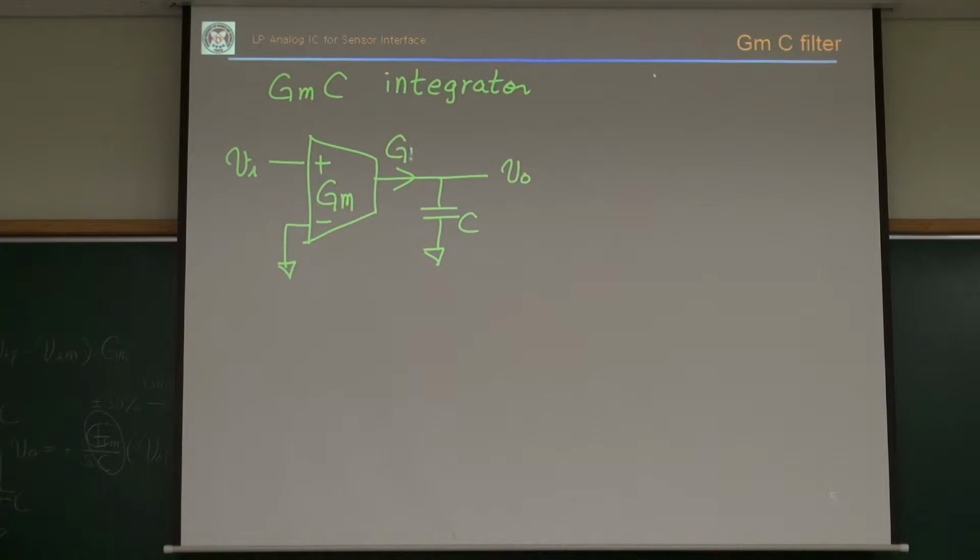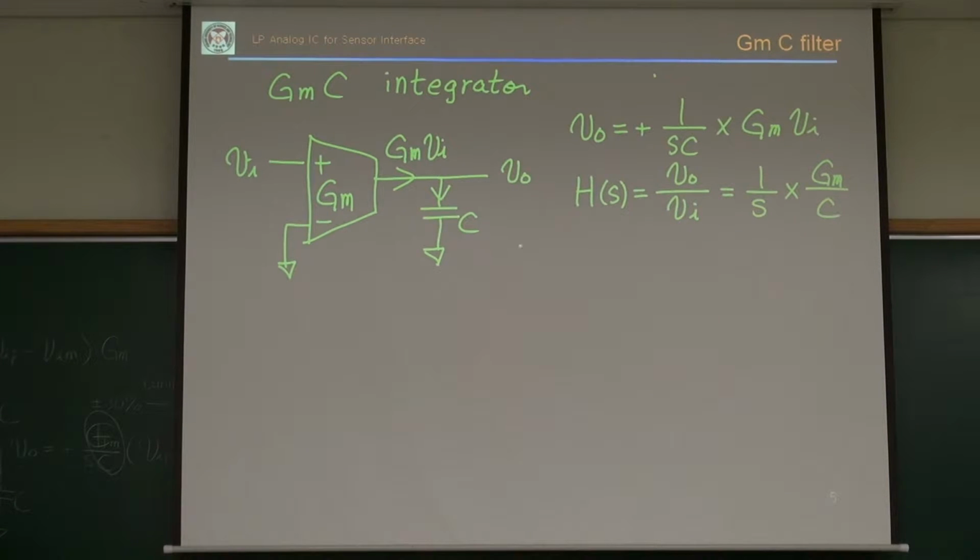So a GMVI current flows out. It goes into here. Then my VO equals 1 over SC times this current. So my transfer function is, you know, the magnitude of the Bode plot of this one is just this one.